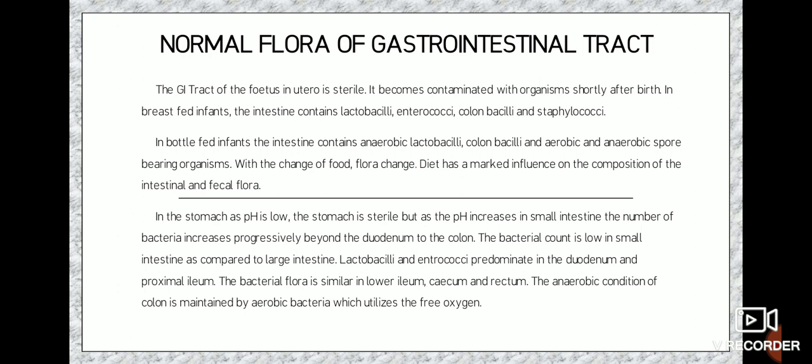The bacterial count is low in the small intestine as compared to the large intestine. Lactobacilli and enterococci predominate in the duodenum and proximal ileum. The bacterial flora is similar in the lower ileum, cecum, and rectum. The anaerobic condition in the colon is maintained mainly by aerobic bacteria which utilize the free oxygen.